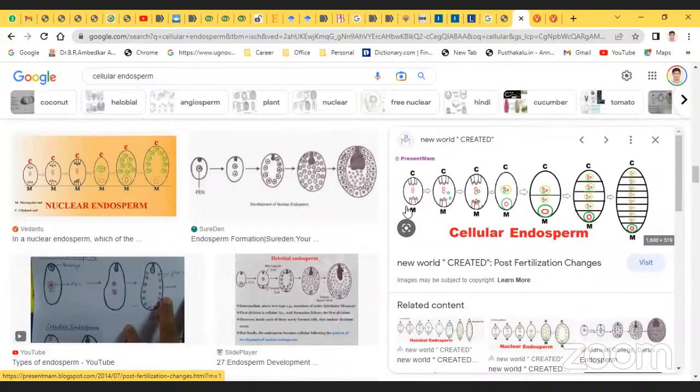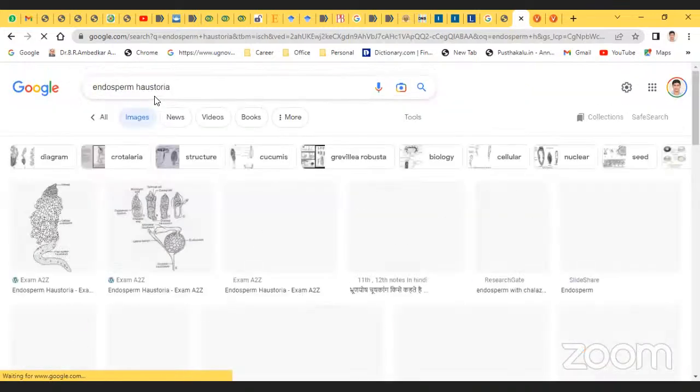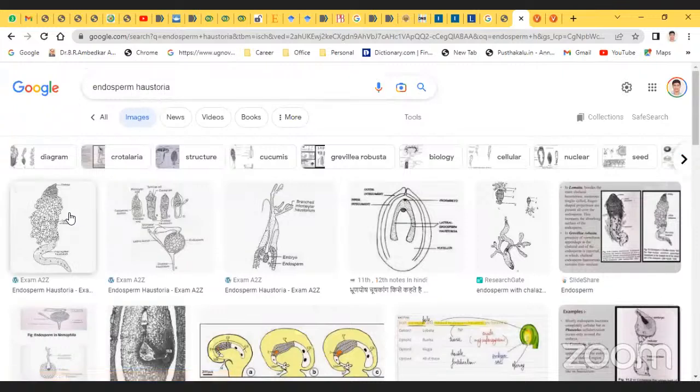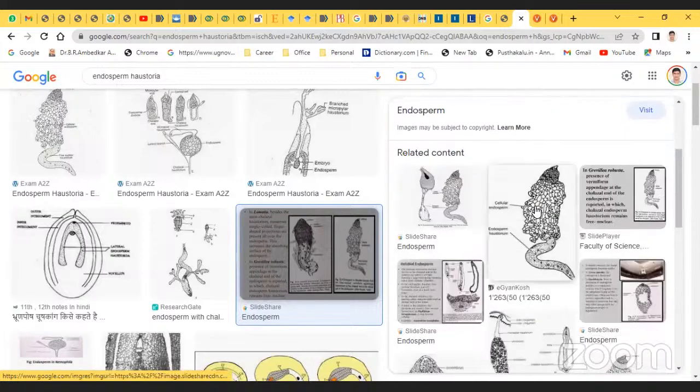These are the cellular endosperm. Next, this is the cellular, nuclear endosperm haustoria, and next one is the cellular.